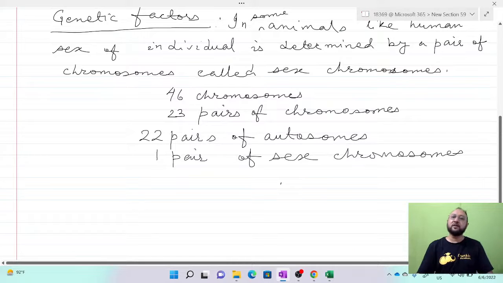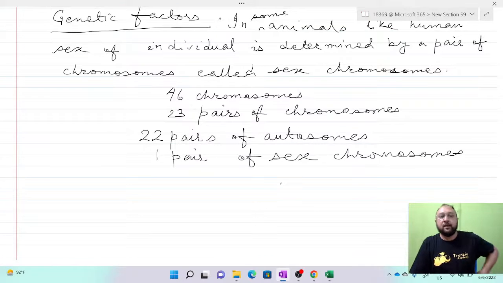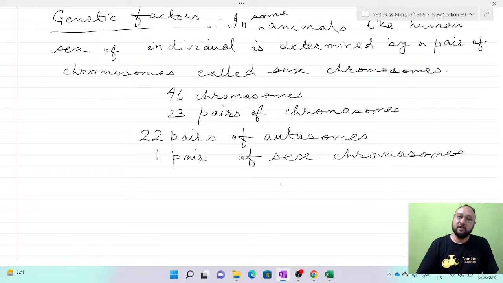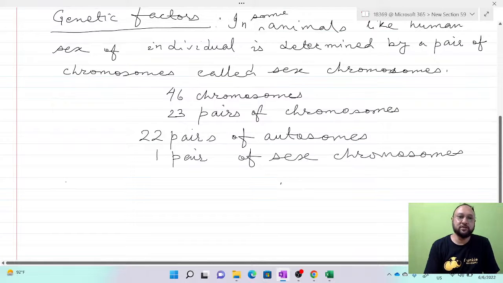The chromosomes other than sex chromosomes are called autosomes, because they are not involved in determining the sex of the individual. So 22 into 2 gives 44 autosomes, and 1 into 2 is equal to 2 sex chromosomes.